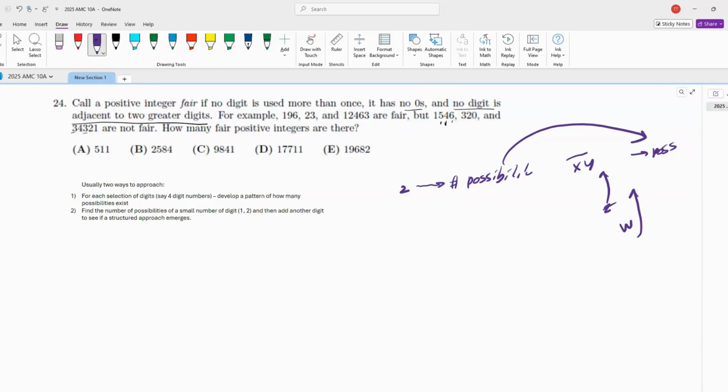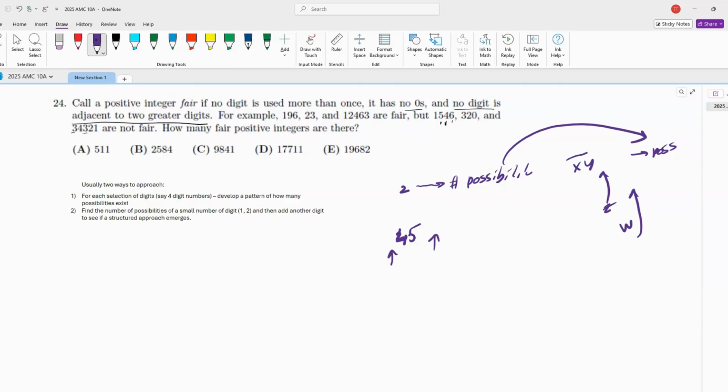Now, thinking about this question, approach number 2 will be a little tricky because let's take an example. Let's say we are using the numbers 4 and 5. So we have the number 45, which is a fair integer. Now, if I add another number, it depends whether the number I'm adding goes on this side or that side.